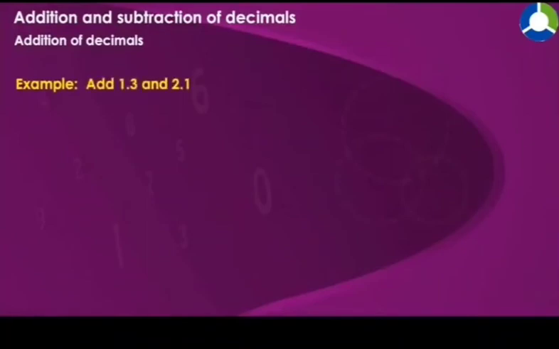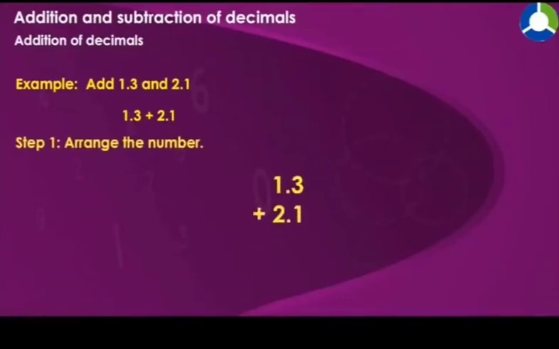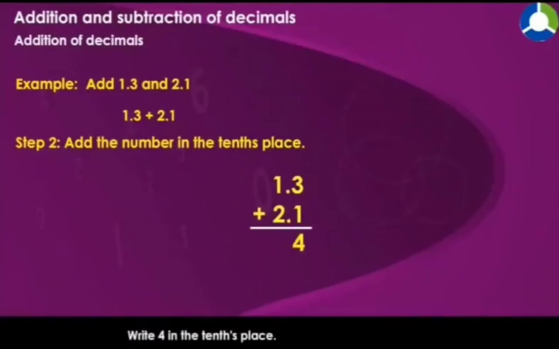Example, add 1.3 and 2.1. Now children, how will you write? Just see 1.3 plus 2.1. Step 1, arrange the numbers first. 1.3, then write 2.1. Step 2, add the numbers in the tenths place. That is 3 plus 1 is equal to 4.